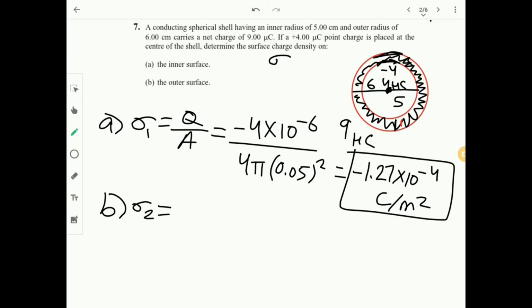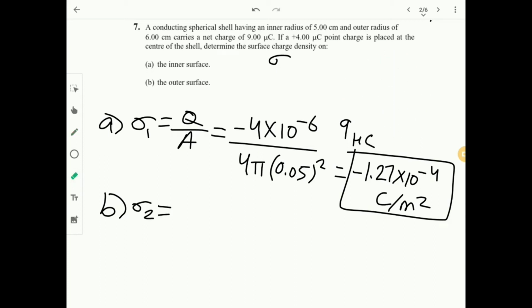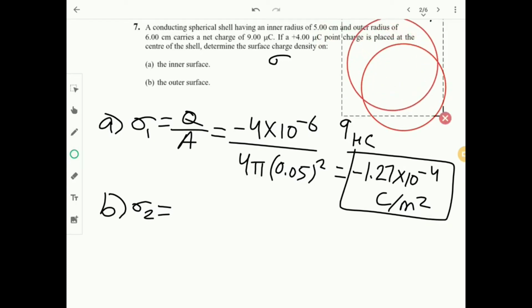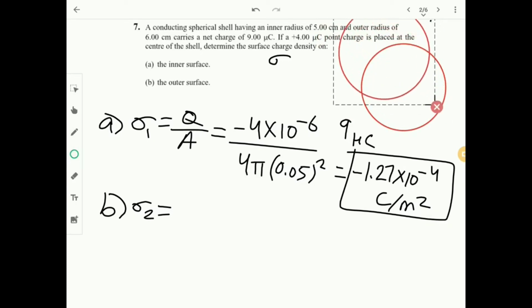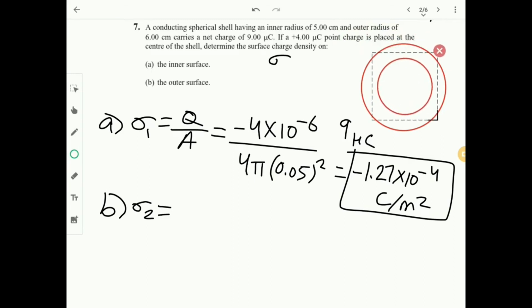Outer surface. Now let me just erase everything so that it becomes simple. Let's just make it like that. Perfect.